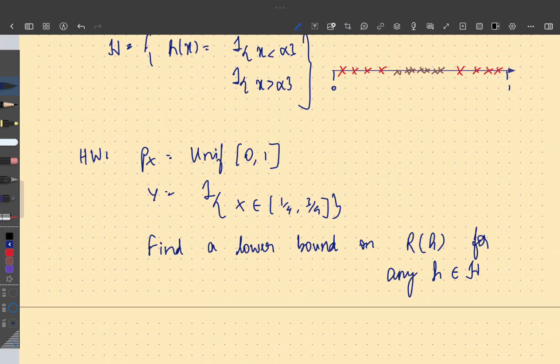In particular, I want you to show that the generalization error for any linear classifier is lower bounded by a constant. So no matter how many additional samples you get, the generalization error can never be driven down to 0.